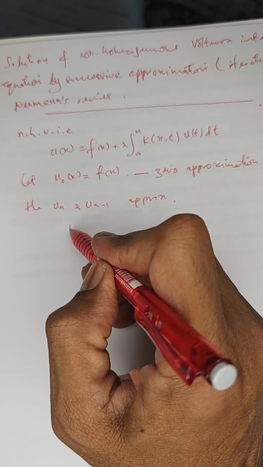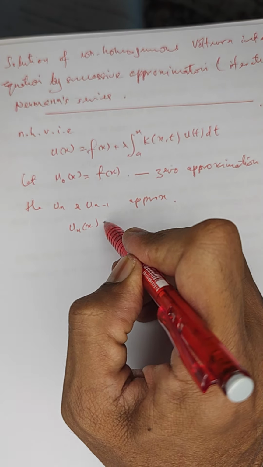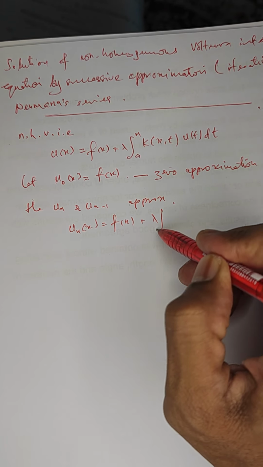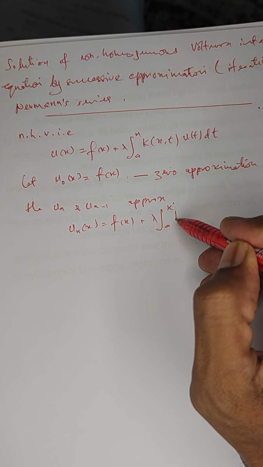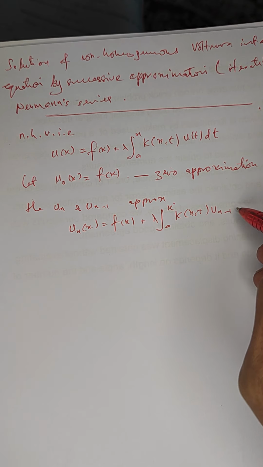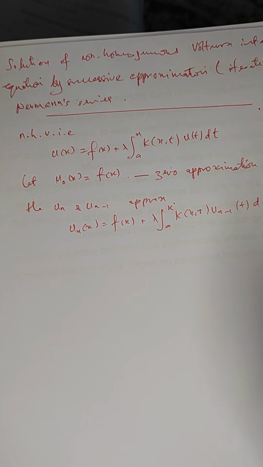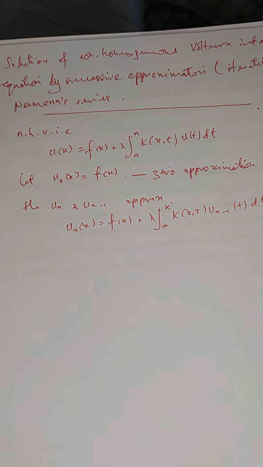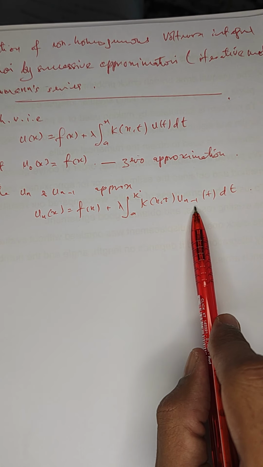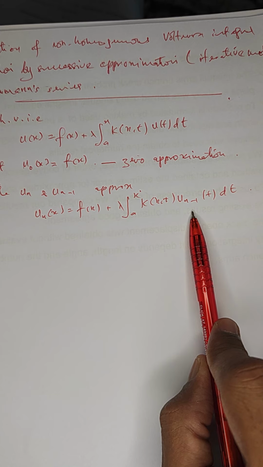We have u_n(x) is f(x) plus lambda integral from a to x of k(x,t) u_(n-1)(t) dt. Okay, this is the relationship between u_n and u_(n-1).